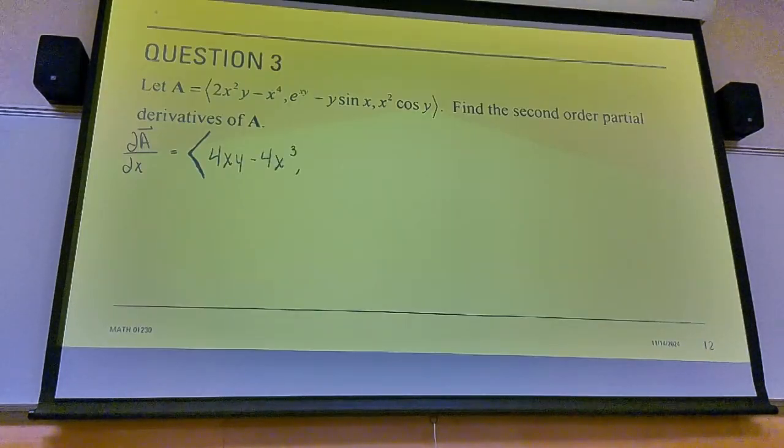Second component. y e to the xy minus y cosine x. And third component. 2x cosine y.